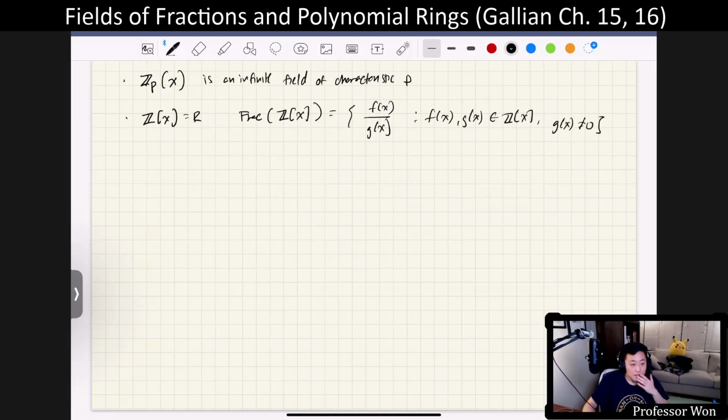This is like a subfield of the rational functions with coefficients in Q. But notice that we've inverted every constant polynomial, which means we have inverted every integer. And so the prime subfield here is Q. We do get a copy of Q, which we're guaranteed to in any field: either a copy of Q or a copy of Z_p. So here Q is the prime subfield, where you take Z, the constant polynomials, and their inverses.